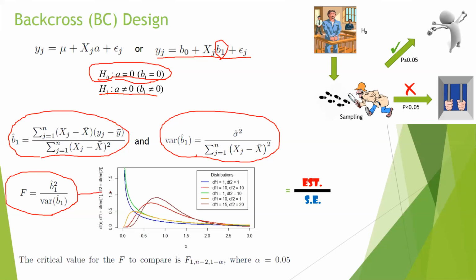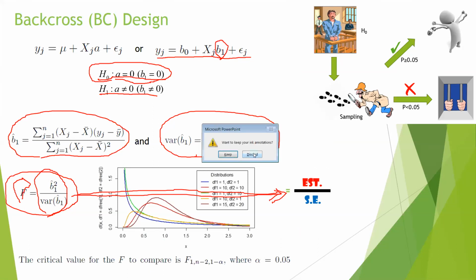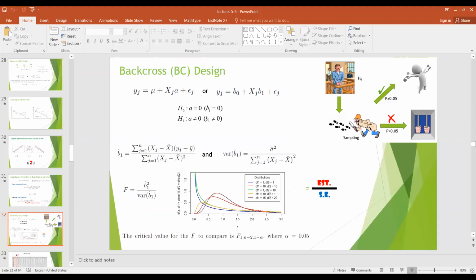So this ratio is equivalent to this, right? Does that make sense? We construct the F statistic, which is a ratio of these two. This is actually the ratio of the estimation divided by the standard error, something like a signal to noise ratio, right? Any questions?